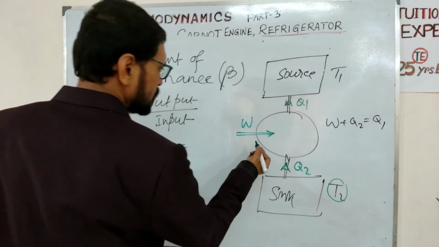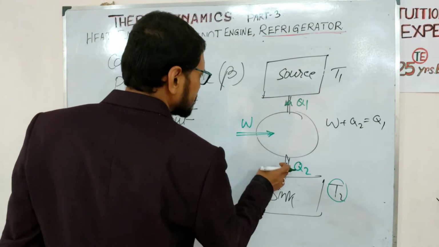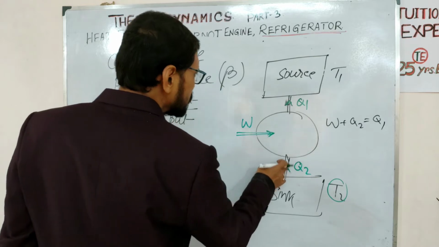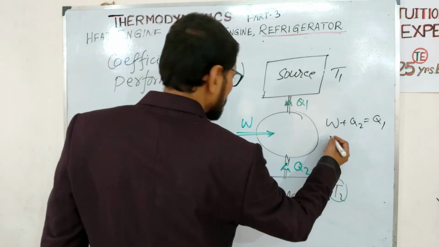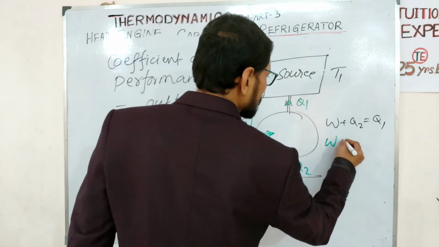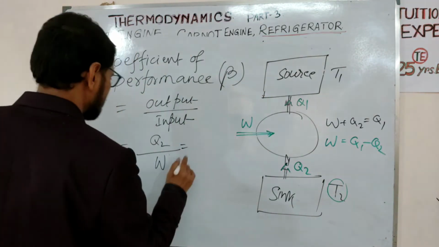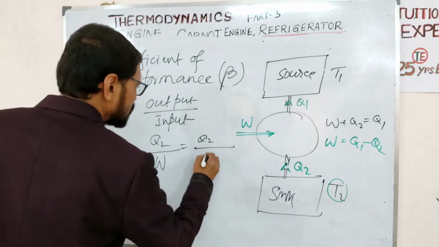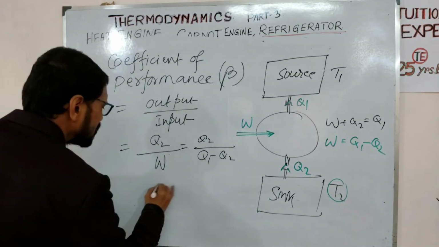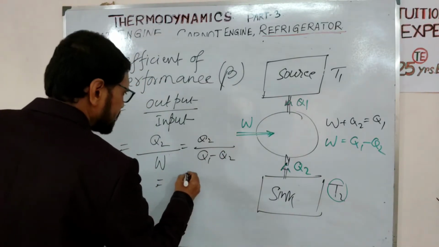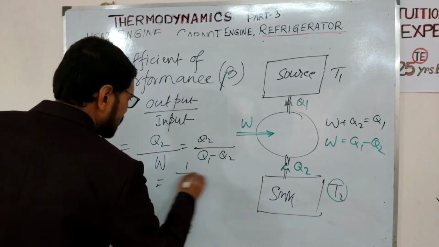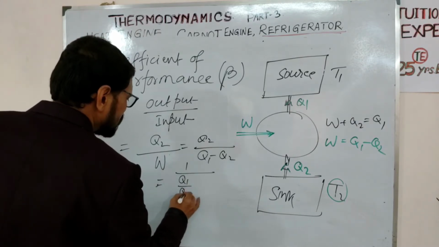In this system W and Q2 are input and Q1 is output. So W plus Q2 equals Q1, that is W equals Q1 minus Q2. So Q2 by W equals Q2 by (Q1 minus Q2), and if we divide by Q2, it is 1 by (Q1 by Q2 minus 1).